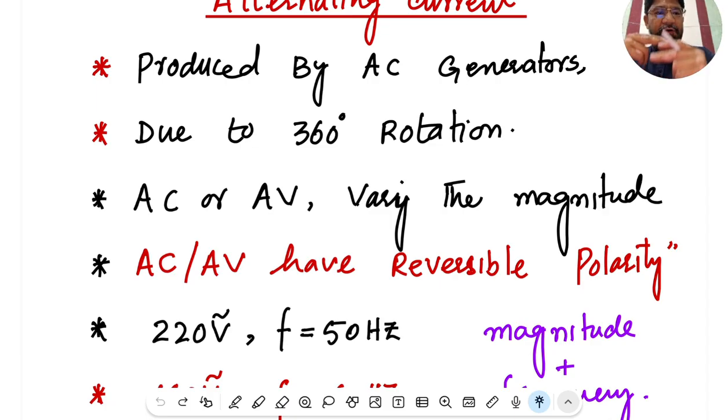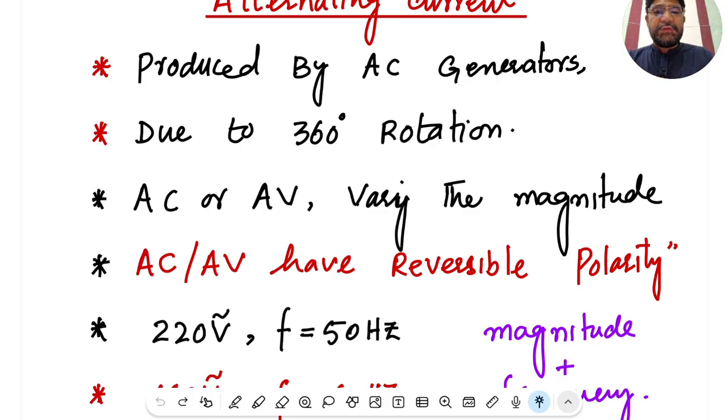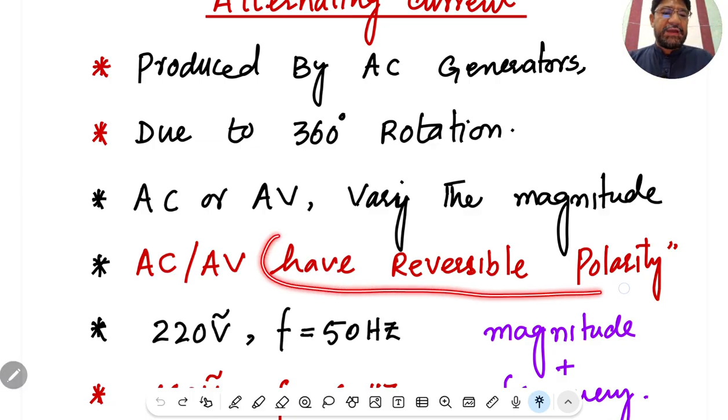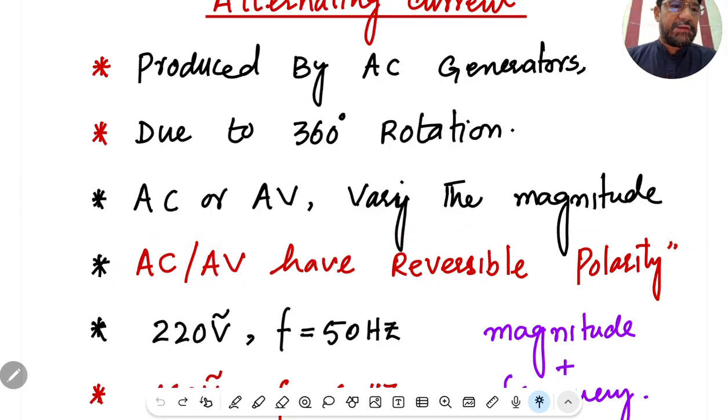That is why the alternating current has variable magnitude, and because the coil rotates from 0 to 180 and 180 to 360, it has reversible polarity. This is the main parameter. If the current varies and reverses its polarity, then that current is categorized as alternating current.